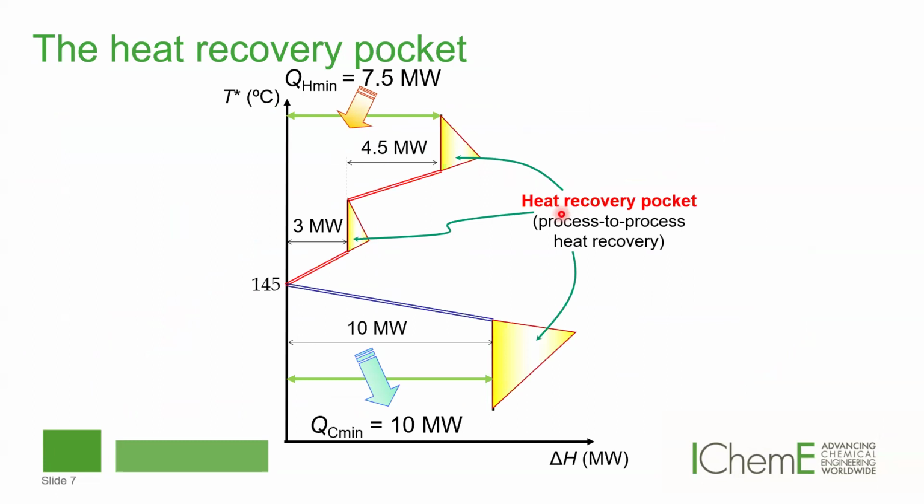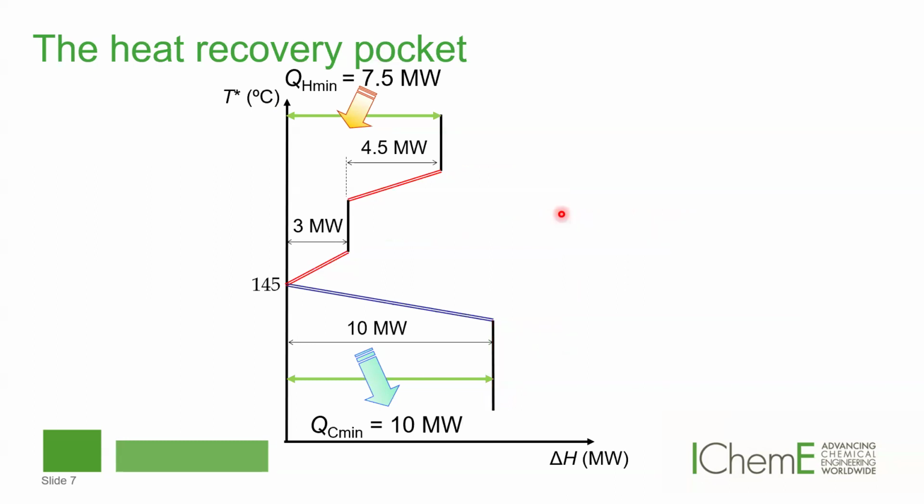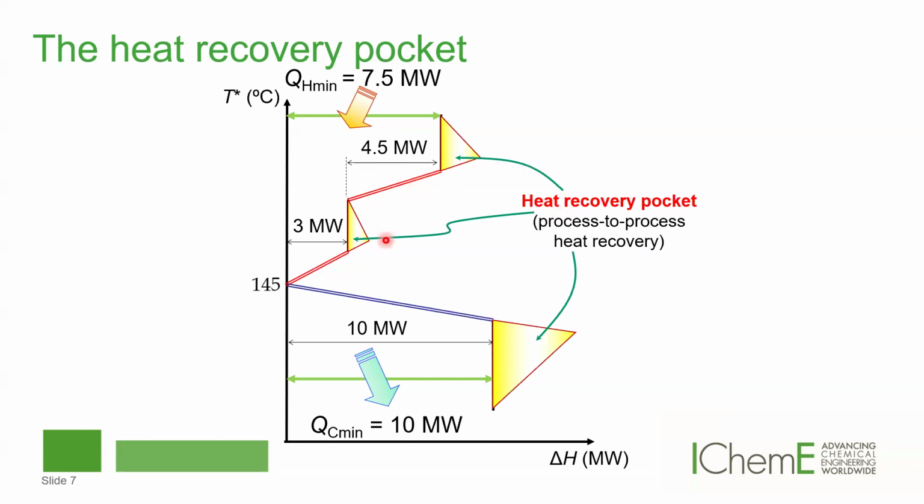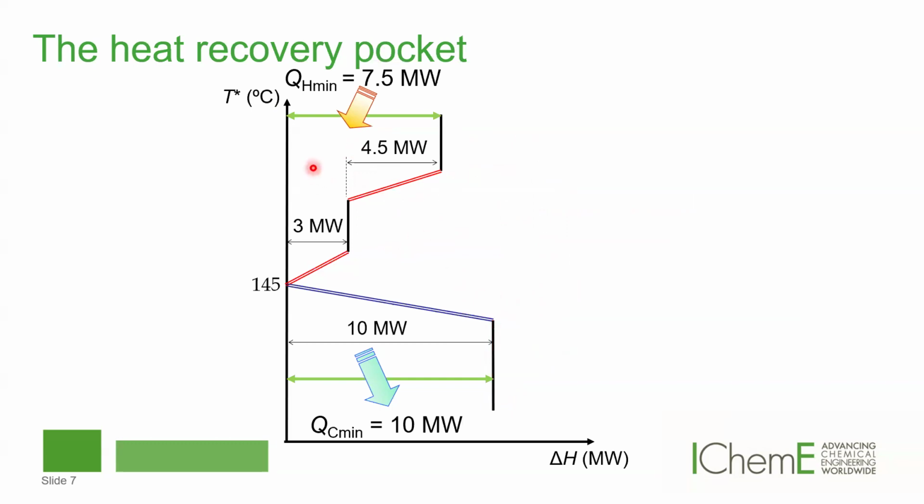All right. And next we need to remove that. And the moment we remove the heat pocket, what is left are these horizontal distances. So we take out the heat pocket from the analysis, and then we focus on the region where the heat pocket has not been removed. Like, for example, this segment right here, in red color, the horizontal distance is 4.5 megawatts, and right here, the horizontal distance is 3 megawatts.